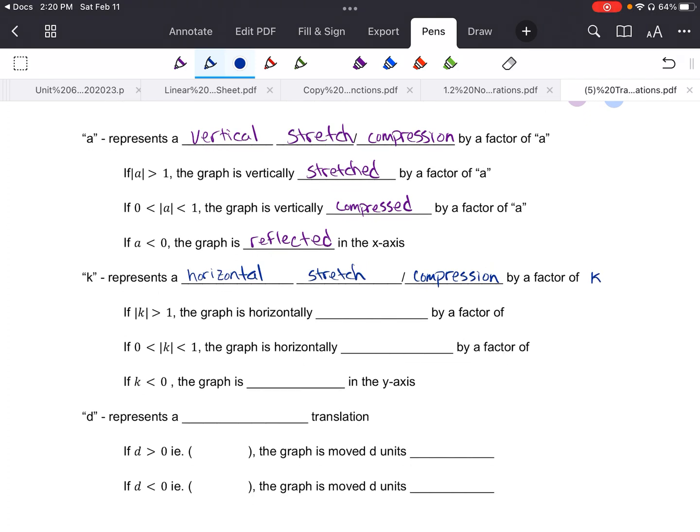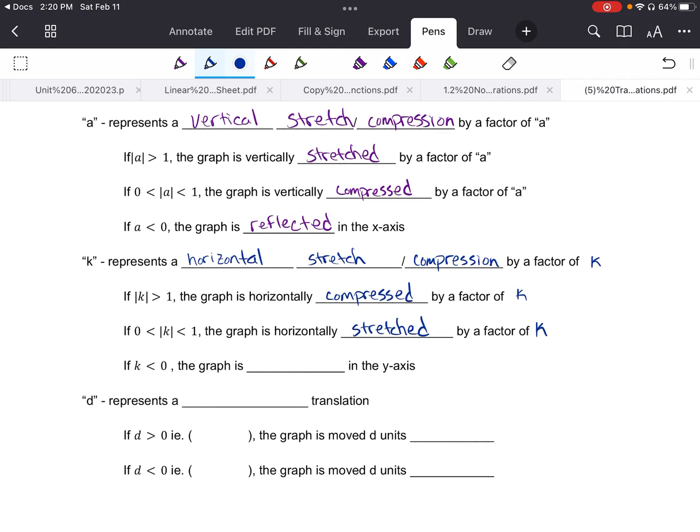Okay, this time if k is larger than 1, we say that the graph is horizontally compressed. So it's the opposite of the vertical transformation. This time if k is bigger than 1, it is compressed. And if it is in between 0 and 1, then it is stretched horizontally, again by a factor of k.